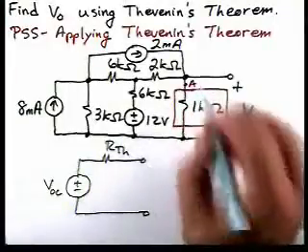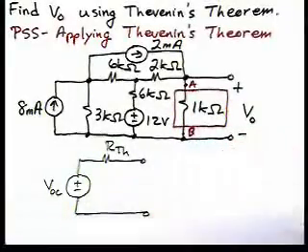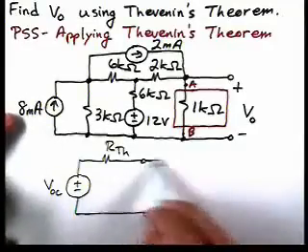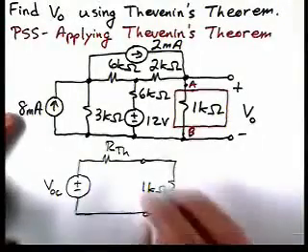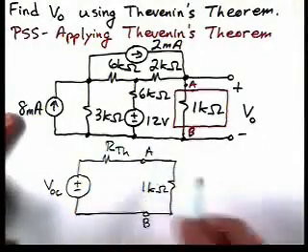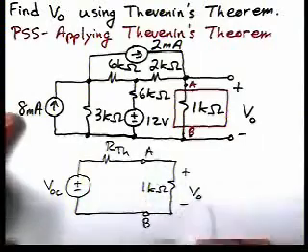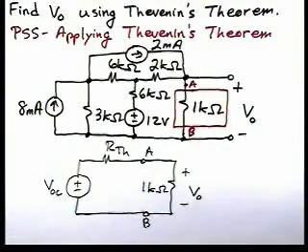I'm going to label these terminals A and B, and after we find the Thevenin equivalent, we're going to connect the 1 kilo ohm resistor to it and calculate V0 from that. So our first step is to find the open circuit voltage.